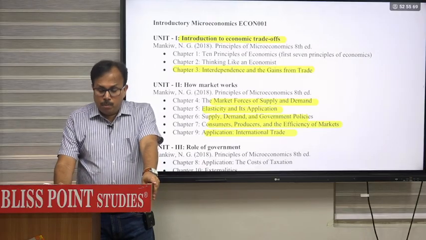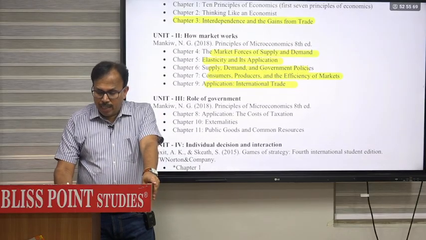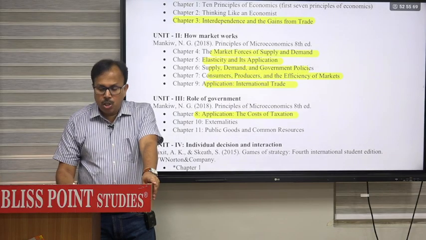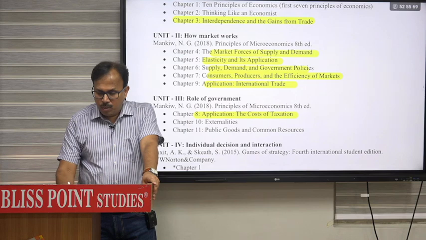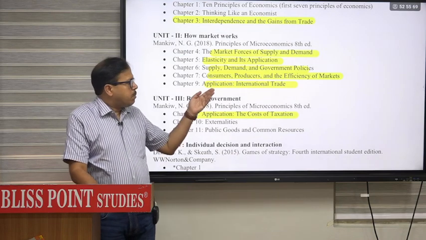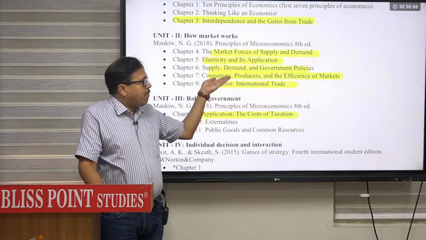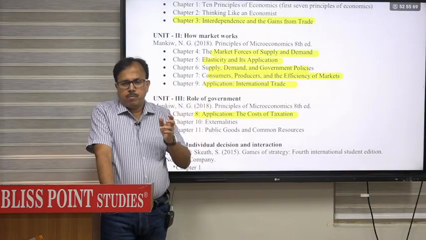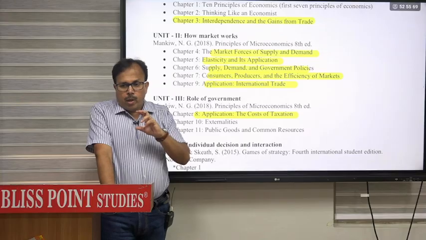Then unit number 3 is role of government. In that, chapter number 8 is application, which is cost of taxation. Then this unit is basically explaining when a market will fail. So unit 2 will explain how markets work, and the third unit will explain when markets will fail.